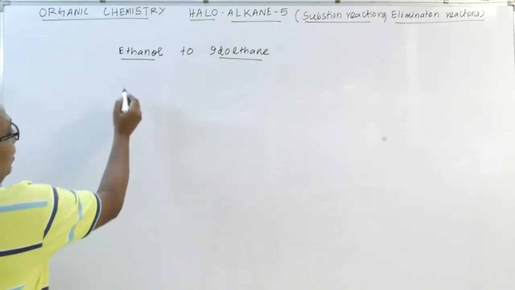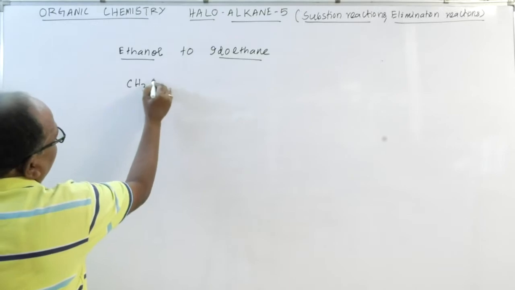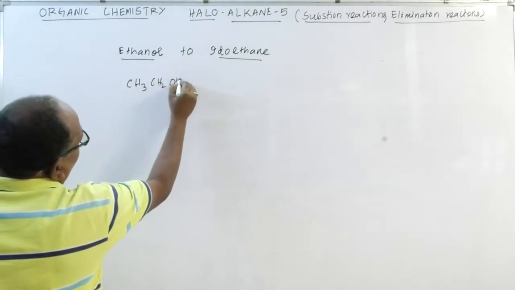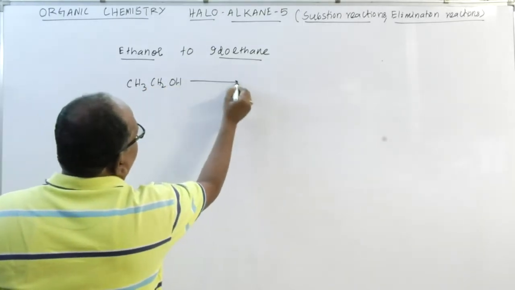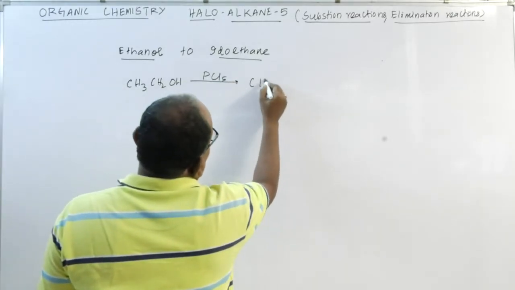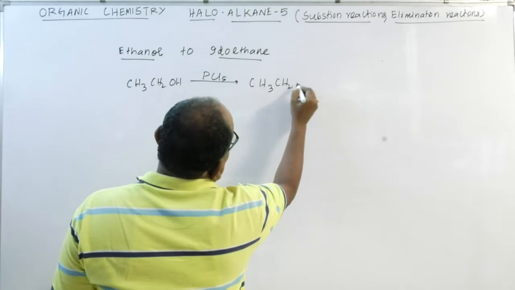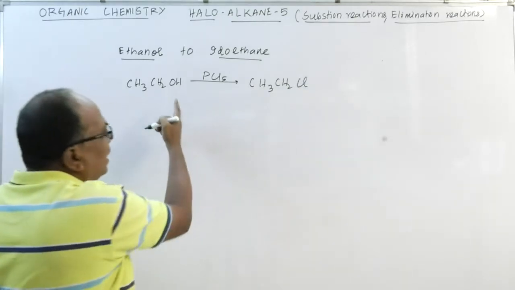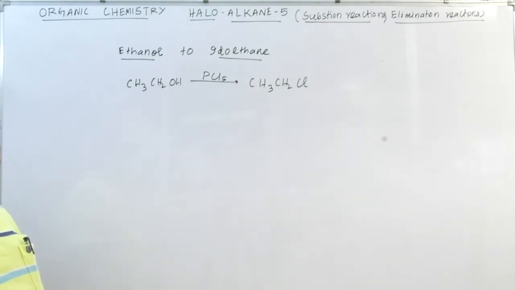How can you do it? Ethanol, CH3CH2OH, is treated with PCl5. This gives you CH3CH2Cl. Mind it, you write the major product, not any other product.